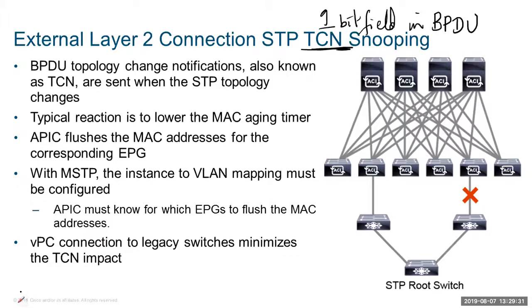So if it detects a TCN coming in, there's a web EPG, BPDU with TCN bit set. Right, the APIC is going to flush out the MAC addresses for that corresponding EPG.